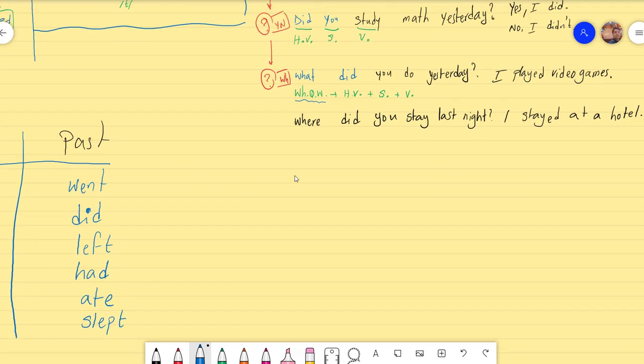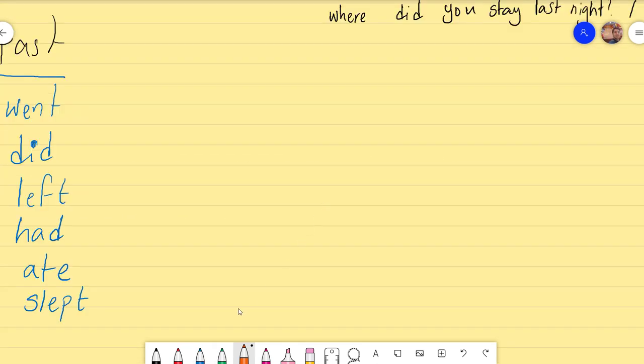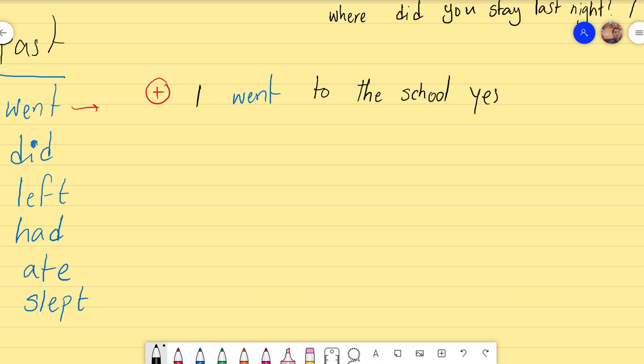And the way to make sentences is exactly the same as here. So, for example, sentences with these verbs or with one of them. Positive, I went to the school yesterday.